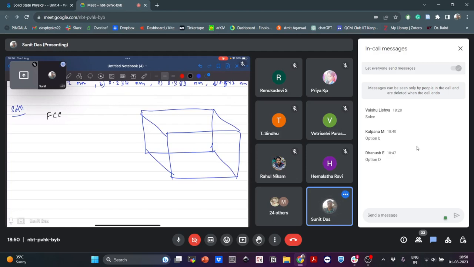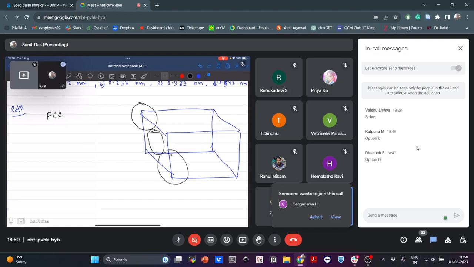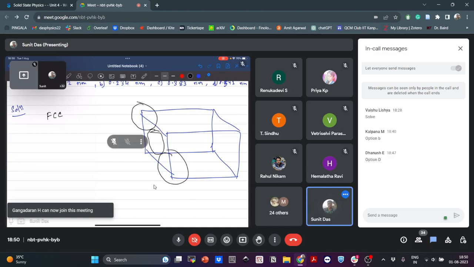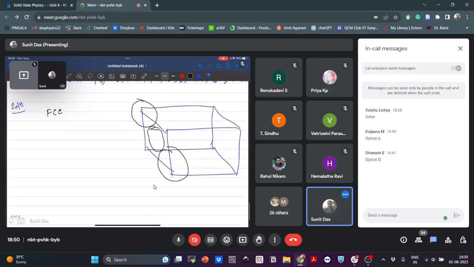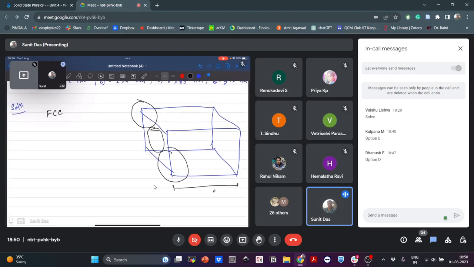So FCC structure. For FCC, the atoms are like this, one at the center. Sorry, this is not a circle, but okay. So this is the unit cell dimension, and this radius is, let's say, r. This is at the face, this face.